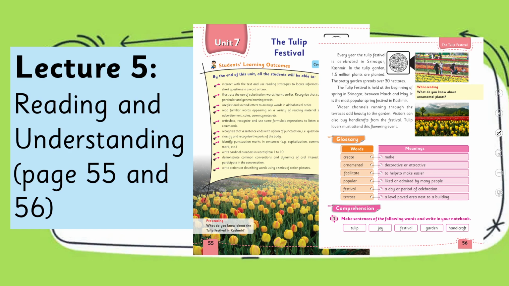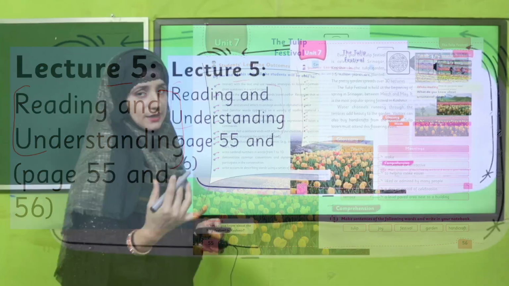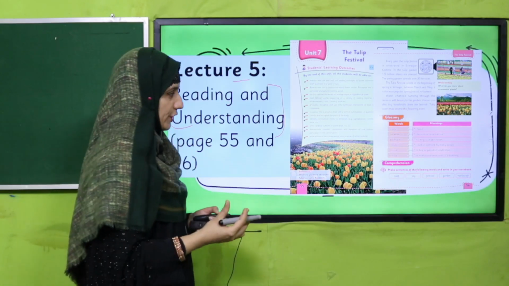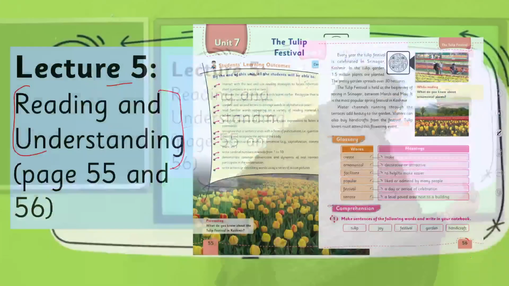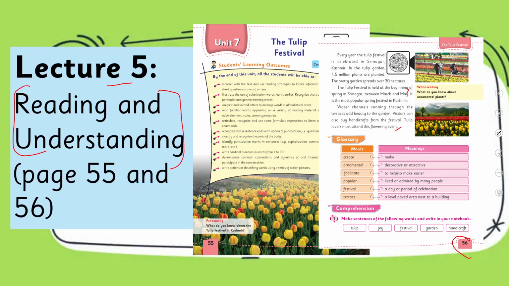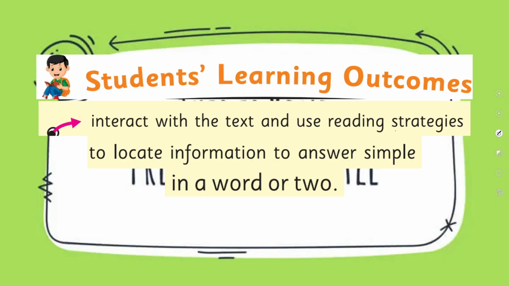In our lecture number 5, we will learn about reading and comprehension skills and how we can understand different texts according to the reading skills, and we will cover page number 60. Half the text we will cover in this lesson, and its SLO will be to interact with the text and use reading strategies to locate information to answer simple questions in a word or two.